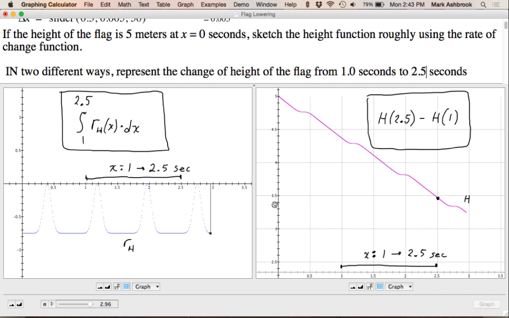The y-axis, right? So it'd be like right here. It looks like it's just below 3.5. Something like that. And then h of 1 looks to be about 4.3, 4.35, something like that.